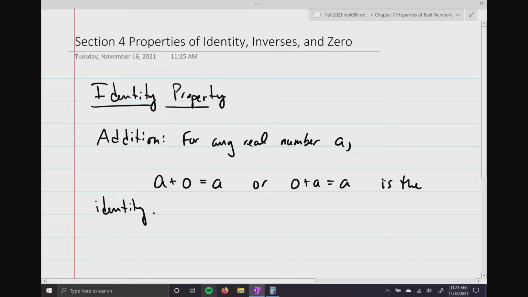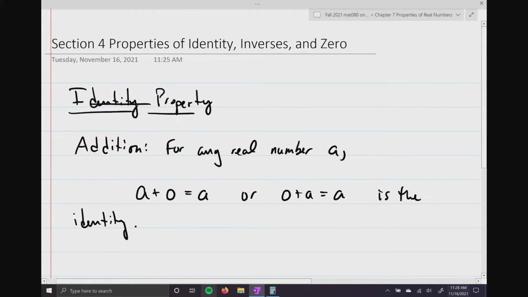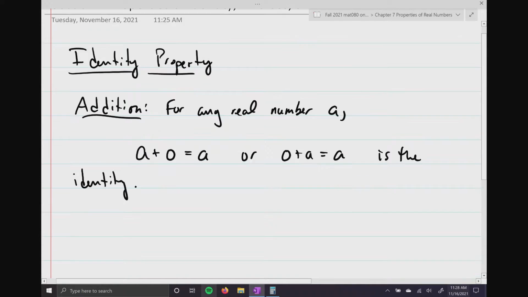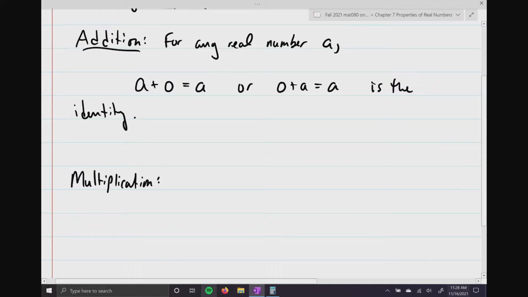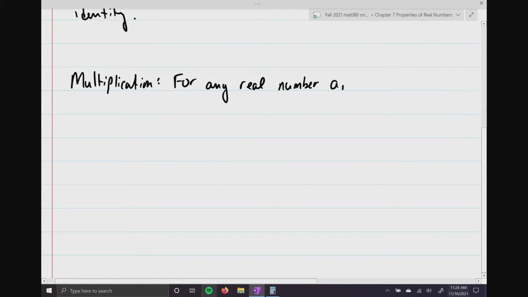Now, this also applies to multiplication. However, for multiplication, it's a little bit different. It still starts off the same way, which is for any real number A. It's just we got to be careful with multiplication, because if you think about it, if you multiply a number by 0, it equals 0. And we want the original number.